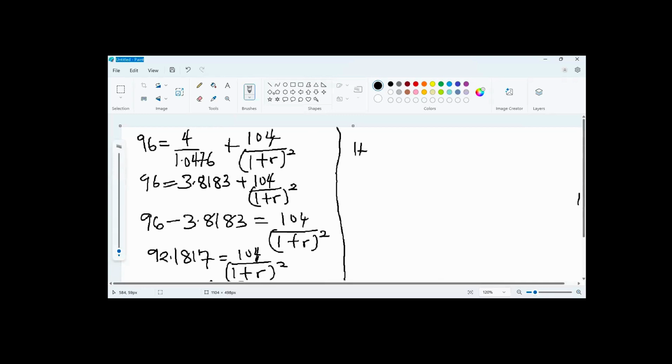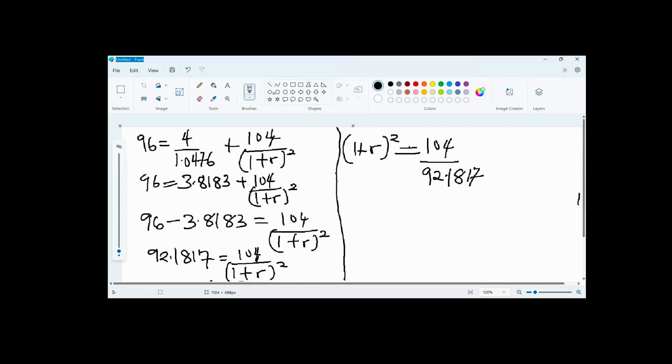1 plus r raised to power 2 is equal to 104 divided by 92.1817. I've just made 1 plus r raised to power 2 the subject of the formula.